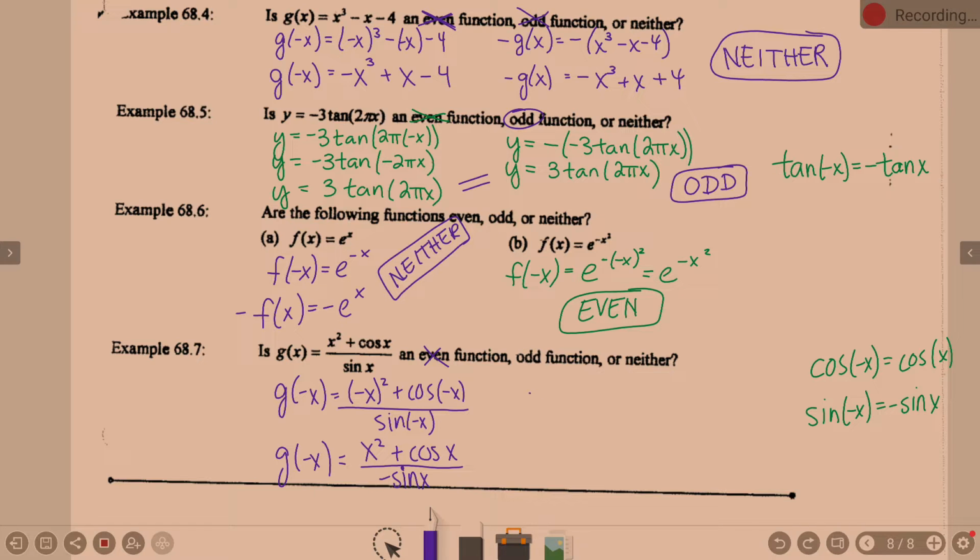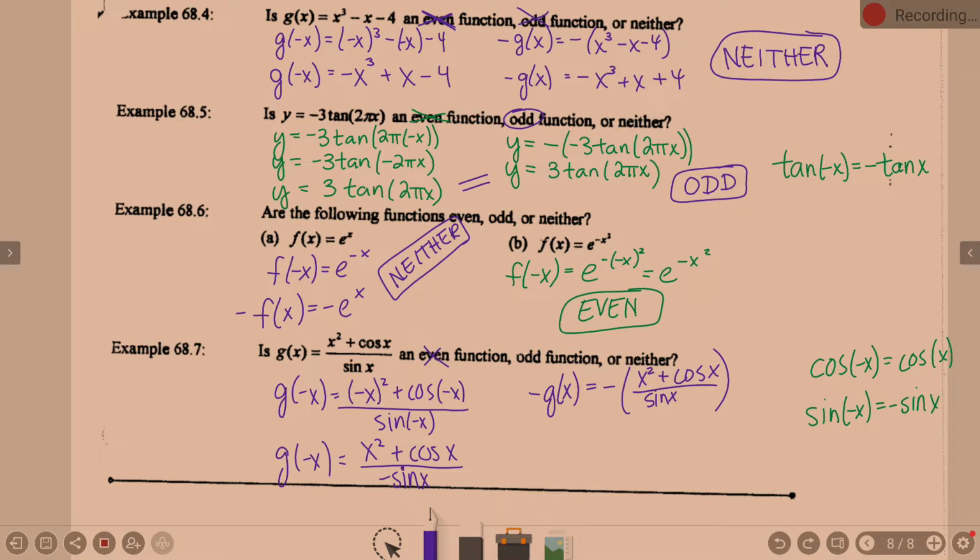Now, this next one. Negative g of x. Officially, that is a negative distributed, right? So in this case, it's a negative times the fraction of x squared plus cosine x over sine x. When we talk about a negative times a fraction, how do we deal with it? You can multiply by the top, or you can multiply it by the bottom, but not both.